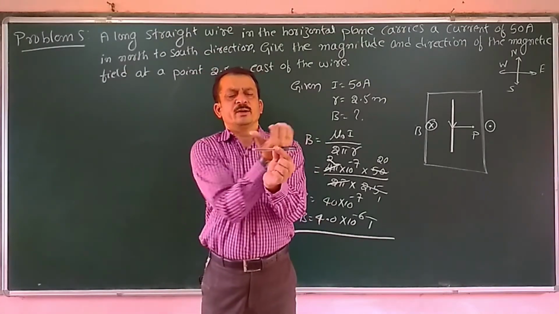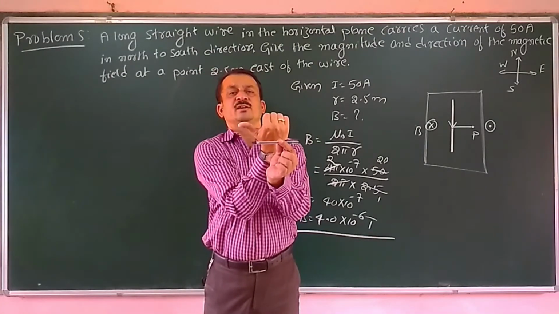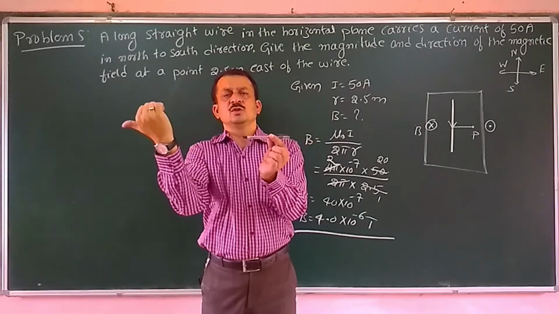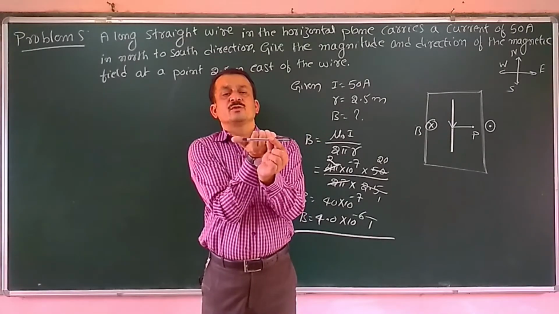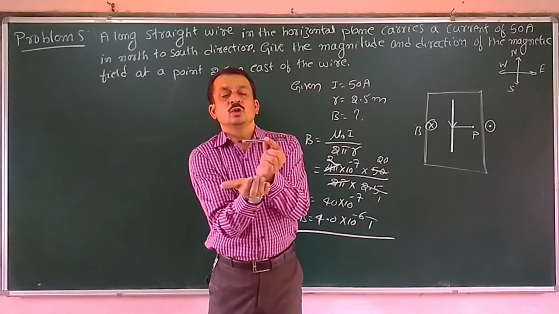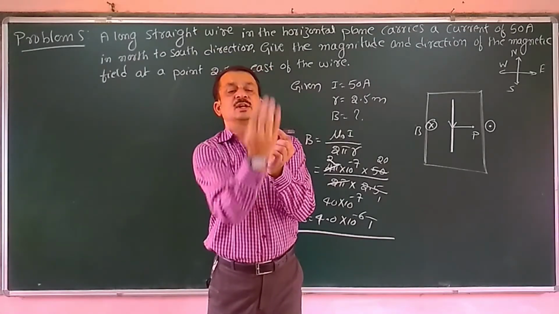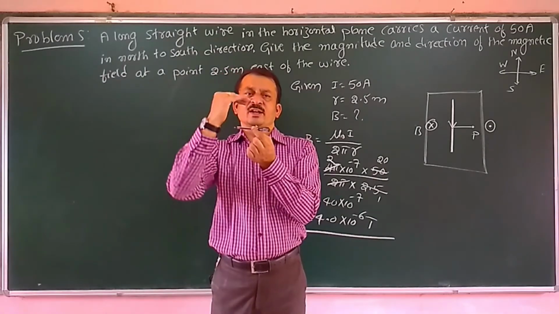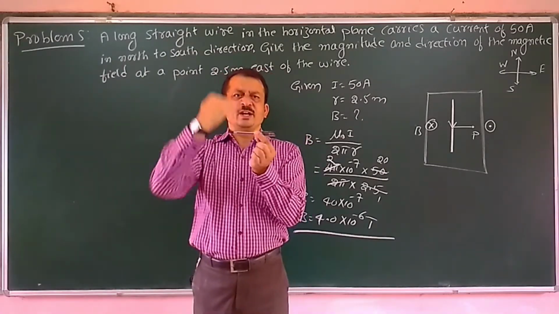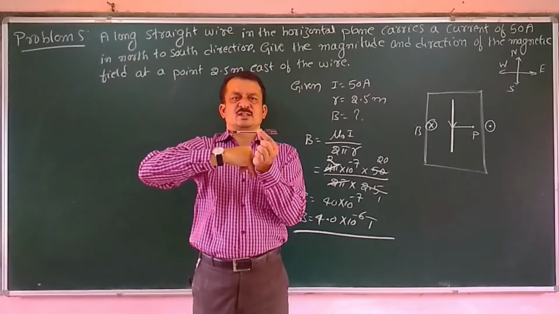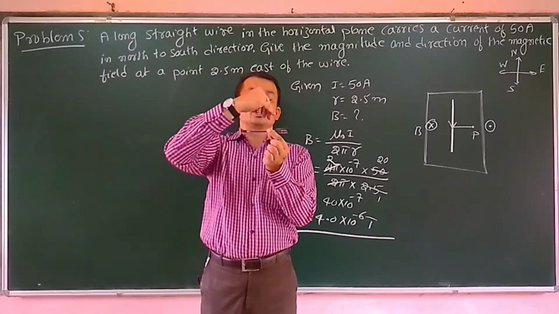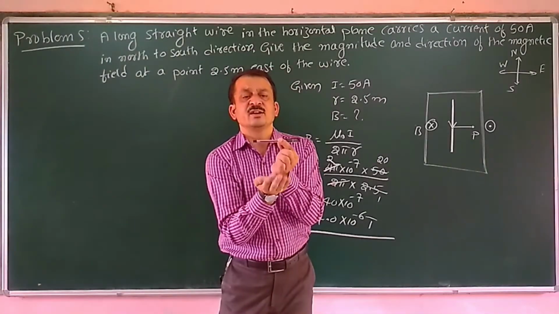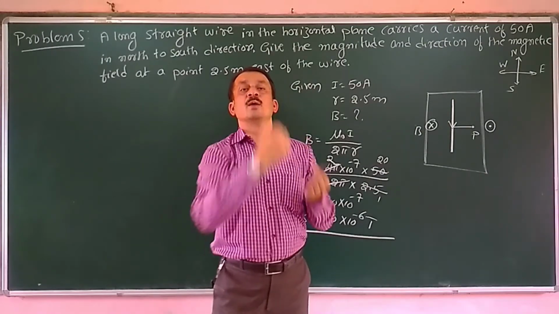Now I am holding this pen with the right hand. The current is from north to south. Towards you, the magnetic field is coming up. At the east, the magnetic field is rising, and towards me it is going downwards. That is the west side. West side is downwards, and at the east side, the magnetic field is coming upwards.